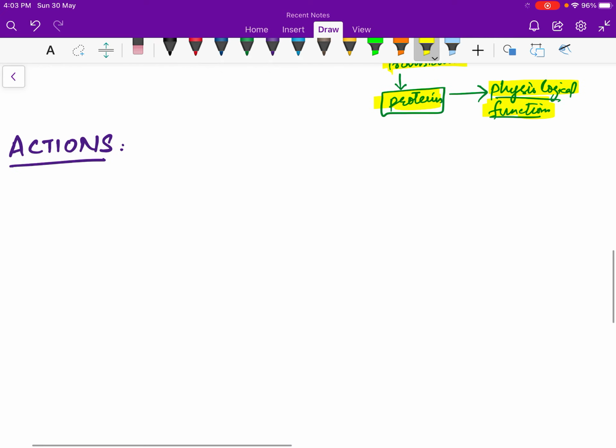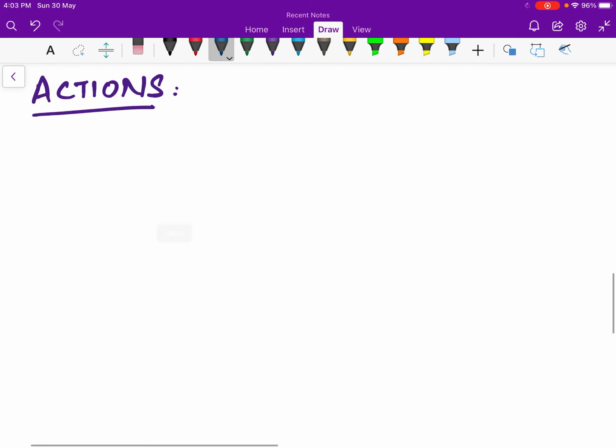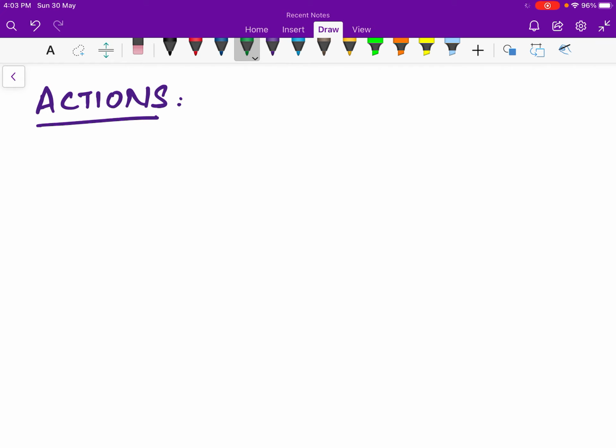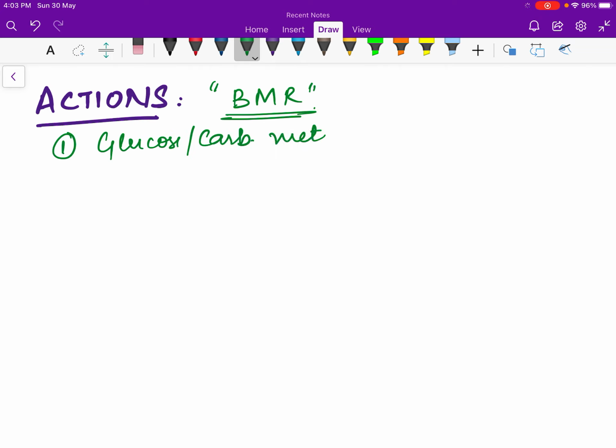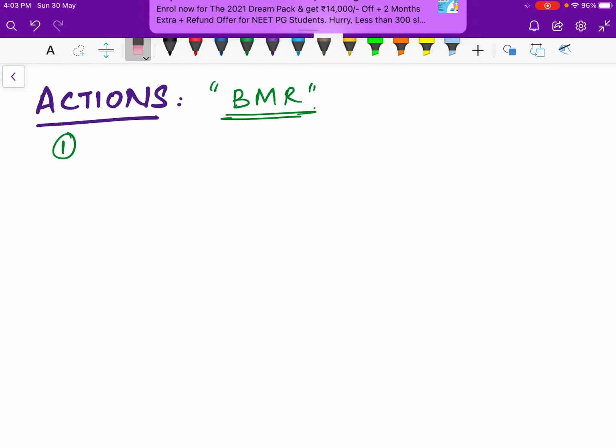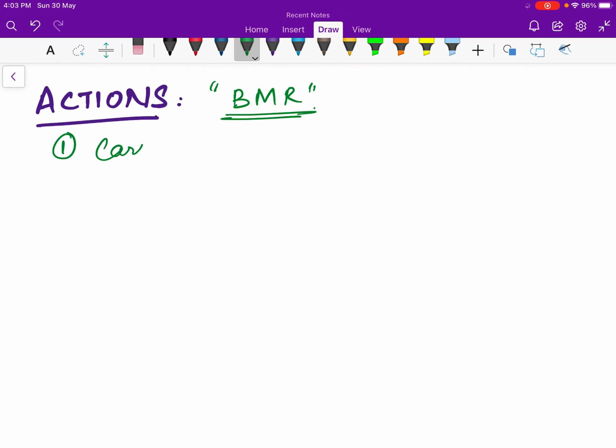Now let's try to understand the actions of thyroid hormones. Whenever we talk about thyroid hormones, the first thing that comes to our mind is BMR. That means thyroid hormones help in maintenance of basal metabolic rate. So the first action of thyroid hormone is on glucose or carbohydrate metabolism.